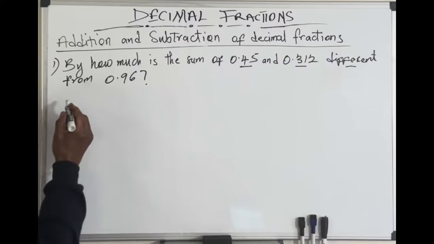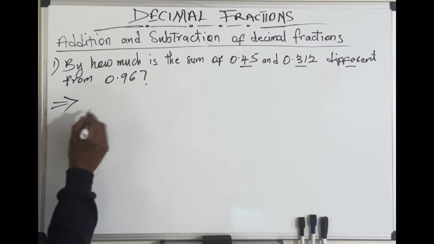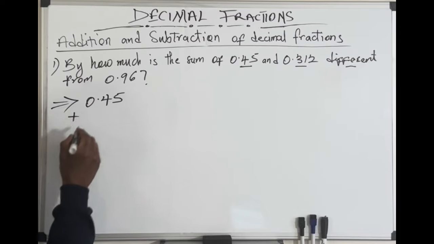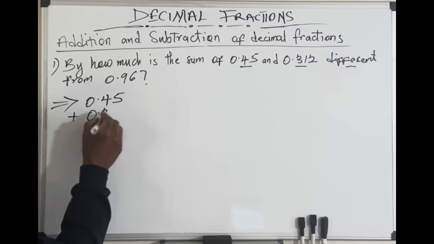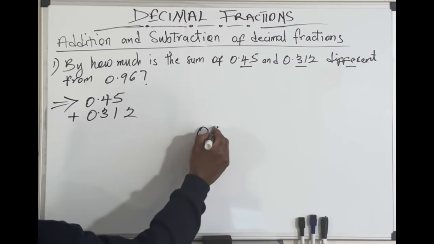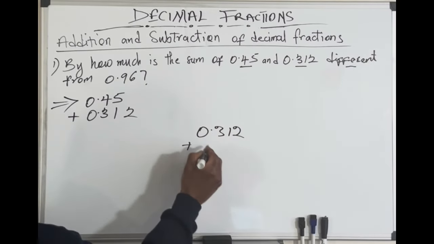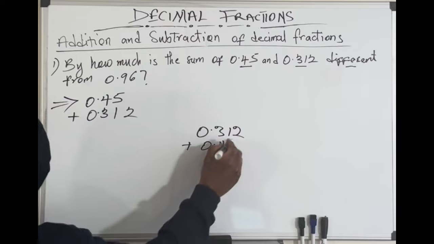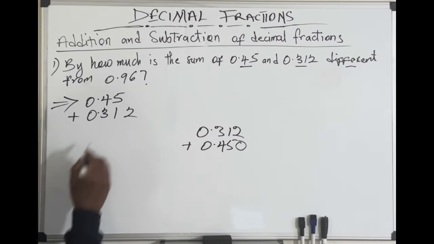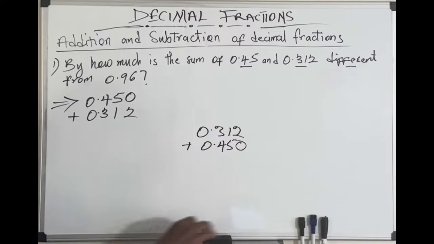It's very simple. So let's first of all add 0.45 plus 0.312. This also could have been written as 0.312 plus 0.45. In either way, just add a 0 here.